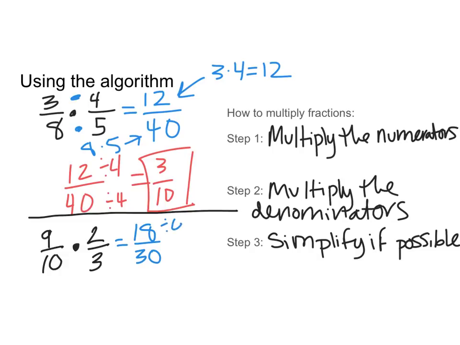So I'm going to divide by 6. 18 divided by 6 gives me 3, and 30 divided by 6 gives me 5. So 3/5 is my final answer.